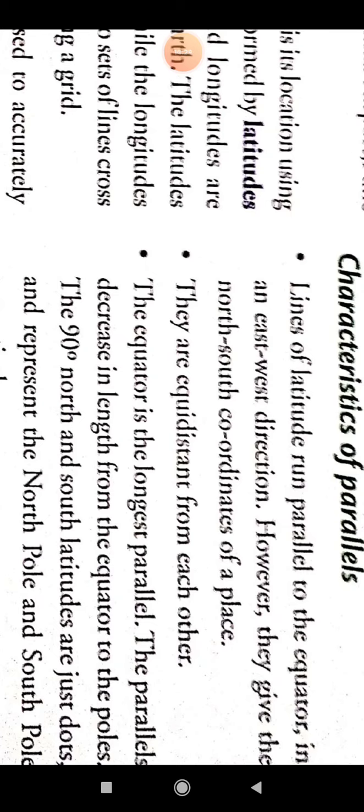Next, they are equidistant from each other. Equidistant means equal distance between two parallels. What is the meaning of equidistance? Equidistance means equal distance. The parallels of latitude are at equal distance.